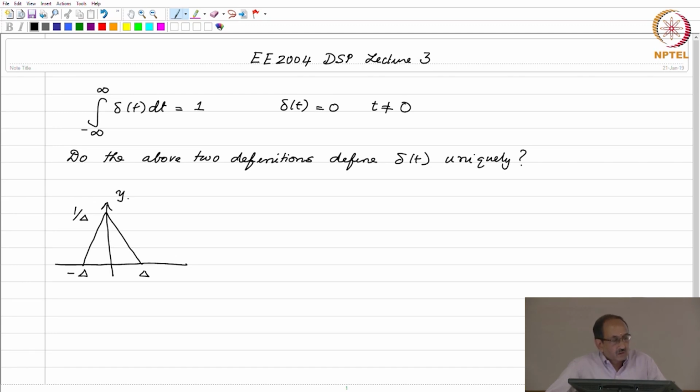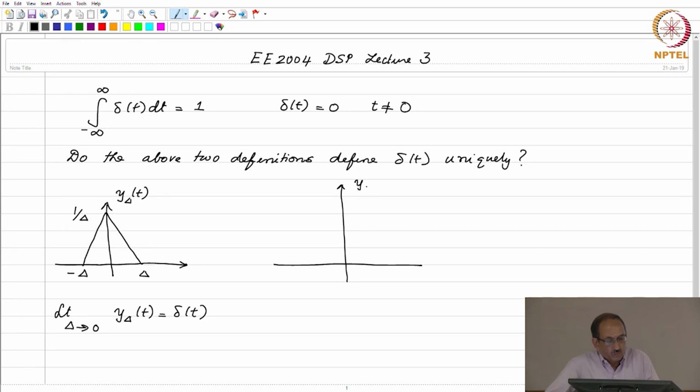I think we call this y delta of t, and we got ourselves convinced that this looks like the delta function in the limit. It becomes skinnier and skinnier, taller and taller, and the area is always 1, and in the limit this seems to satisfy these two properties. Now let us look at the derivative of this.